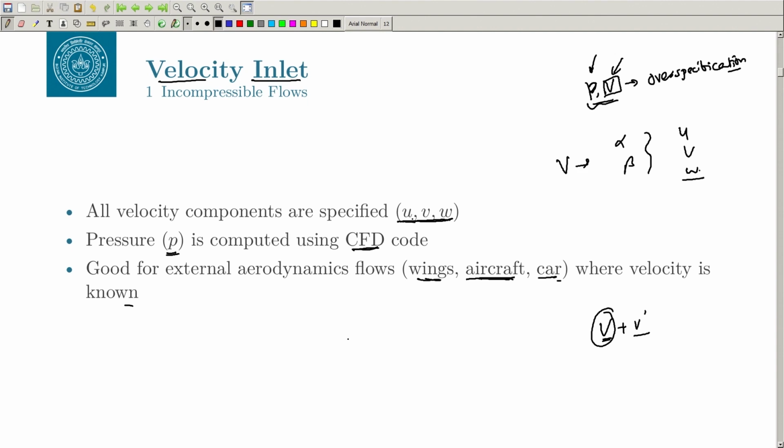That is one way to simulate flow over a car. Otherwise, if your car is moving, it may go out of the domain, and even if you use a periodic domain, you have to take care of the moving mesh and so forth. Instead of moving the car, you can just move the air. The same is the case with an aircraft or the wing.